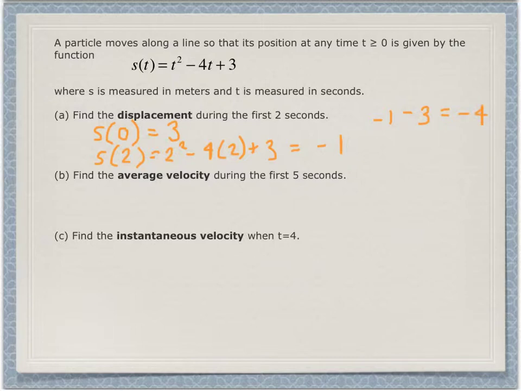So that's my displacement. In this particular example, we would say it's 4 units to the left, the negative meaning the left, 4 units to the left of where it started. Kind of goofy, but just think about where it is when it starts, where it is when it finishes, and subtract those two values. All right, what about average velocity?